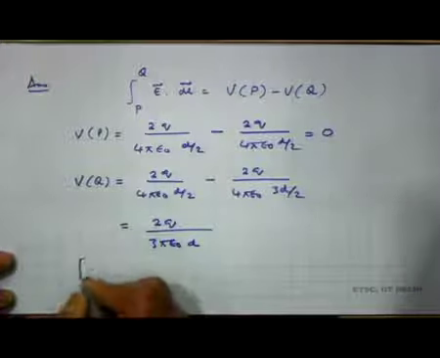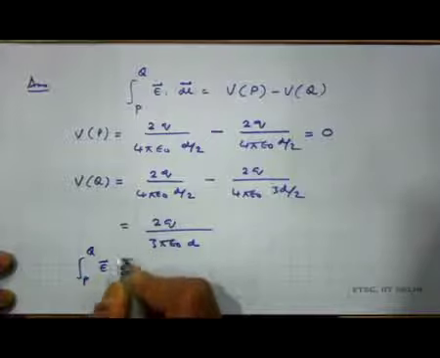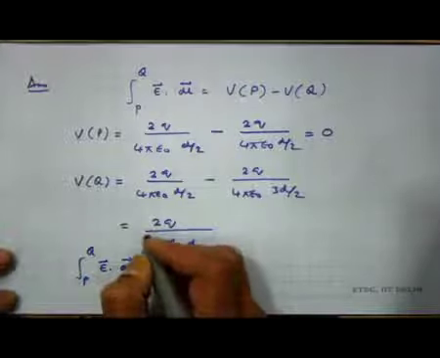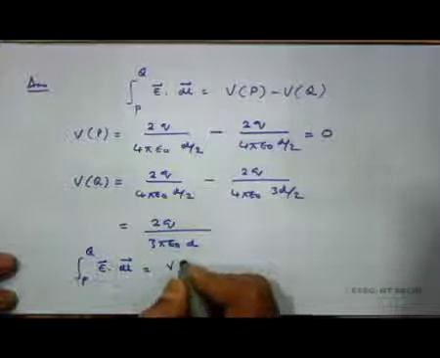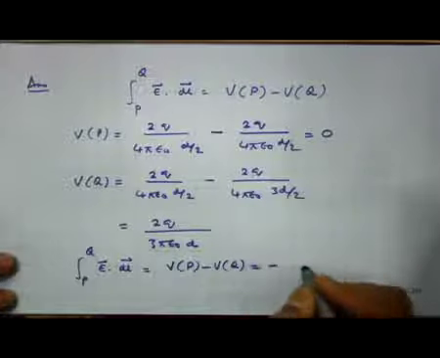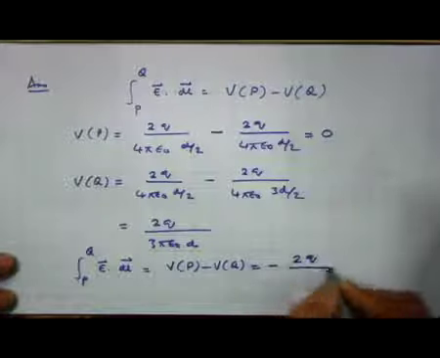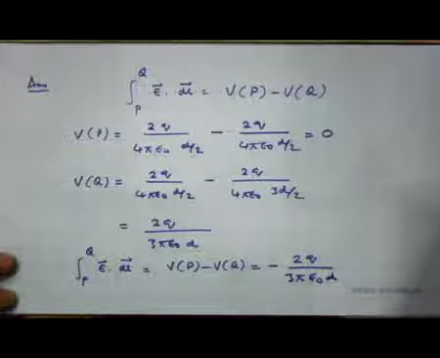So, integral p to q E dot d l is equal to V p minus V q, which is equal to minus 2 q by 3 pi epsilon 0 d.